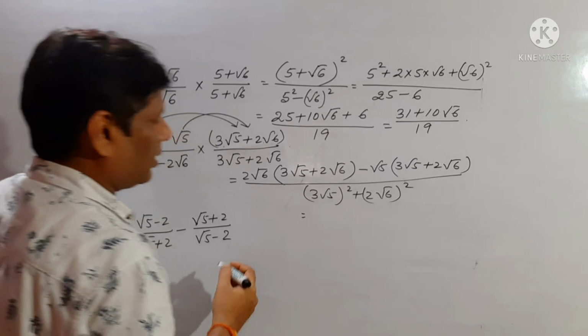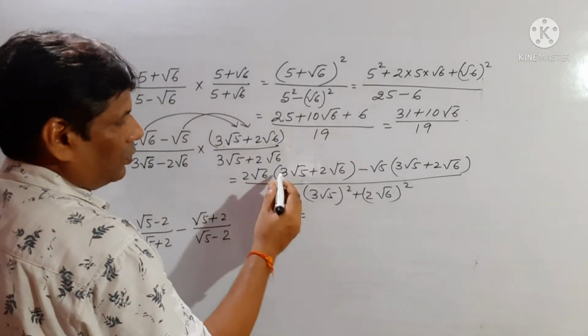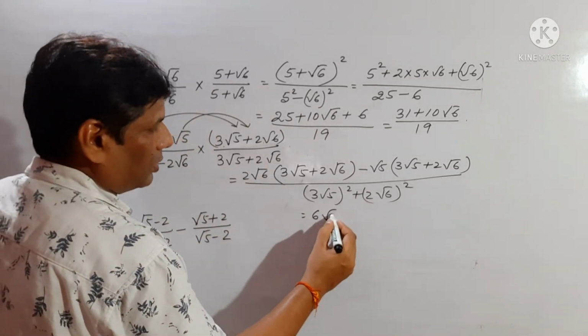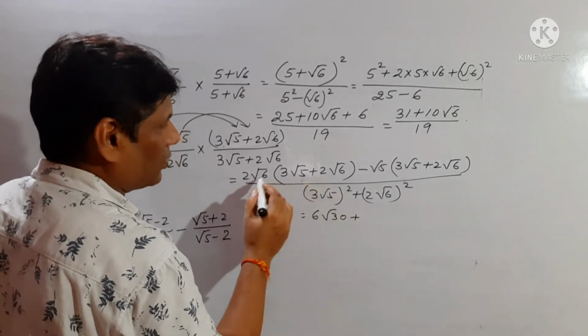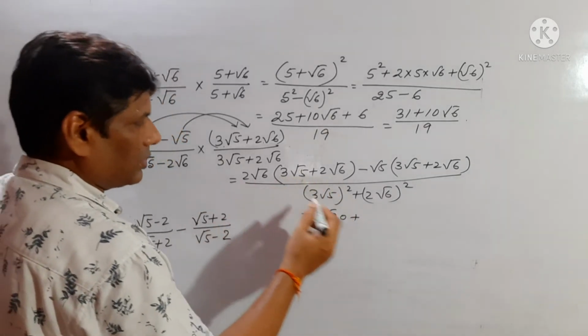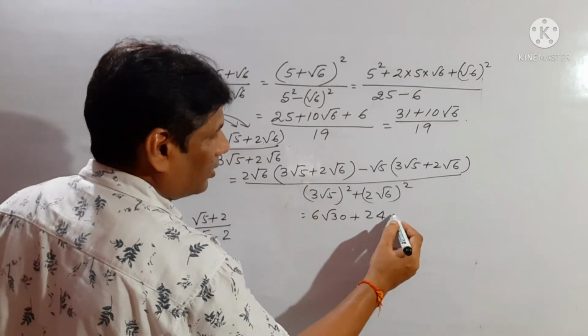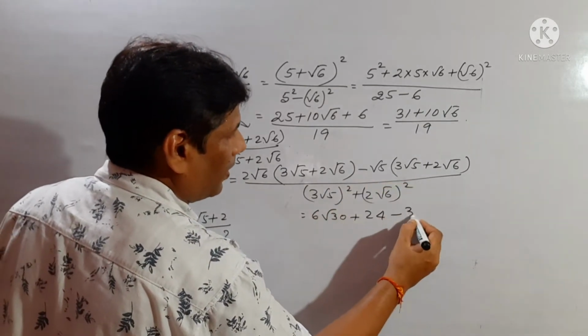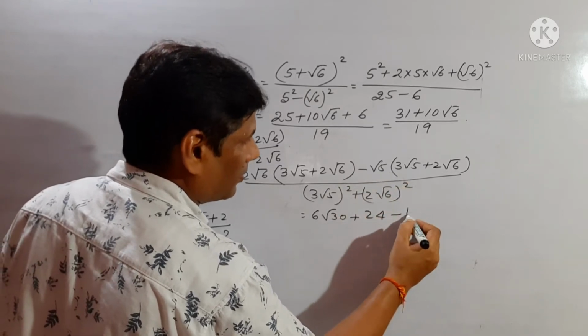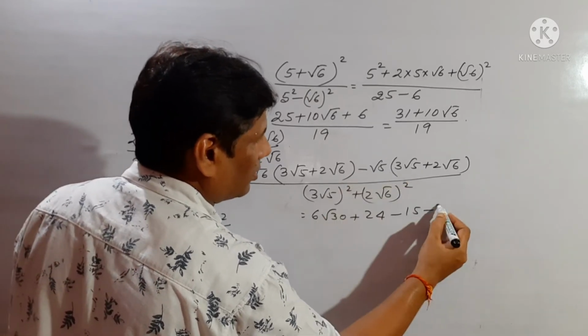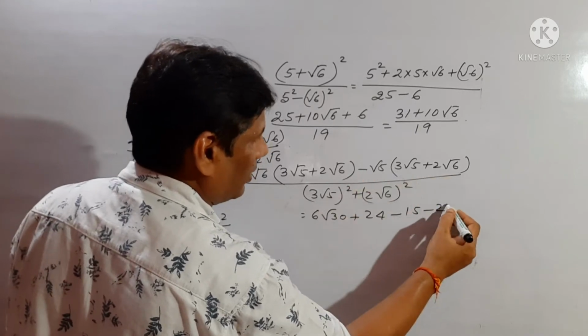So finally we get 2 times 3 is 6 root 30, plus 4: 2 times 2 is 4, and root 6 times root 6 is 6, so 6 times 4 is 24, minus root 5 times root 5 times 3, so 3 times 5 is 15, minus root 6 into root 5, root 30.